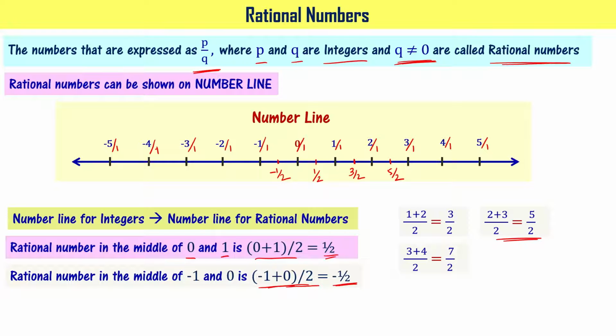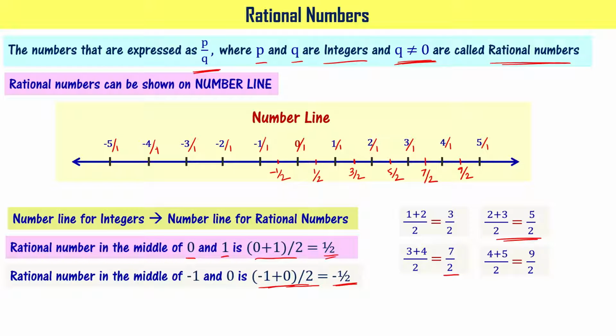Similarly, the number in the middle of 3 and 4 is 3 plus 4 by 2, that is 7 by 2, right? Let me mark. This is 7 by 2. 4 plus 5 by 2 is 9 by 2, that is the number in the middle of 4 and 5, right? Let me write 9 by 2.